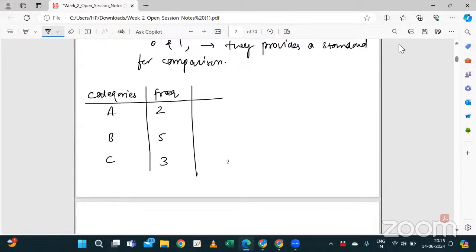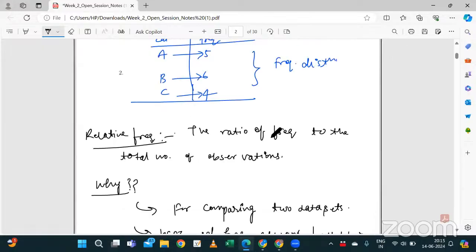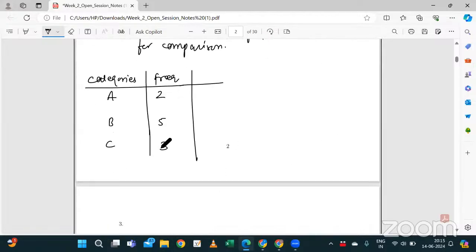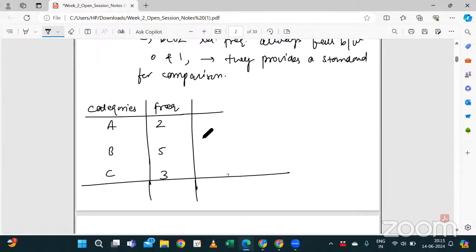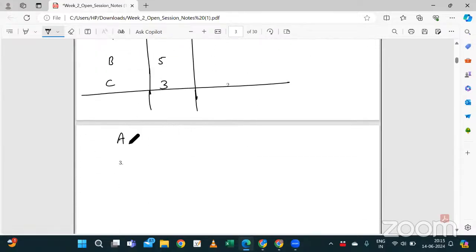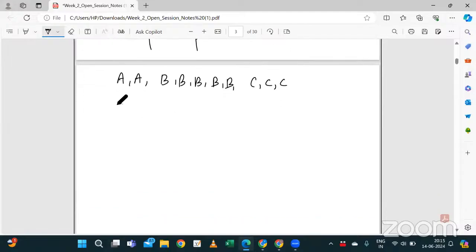As per the definition, it's the ratio of frequency to the total number of observations. So first of all, I need to find the total number of observations. What does this mean actually? It means A occurs 2 times, B occurs 5 times, C occurs 3 times. Let me draw again.